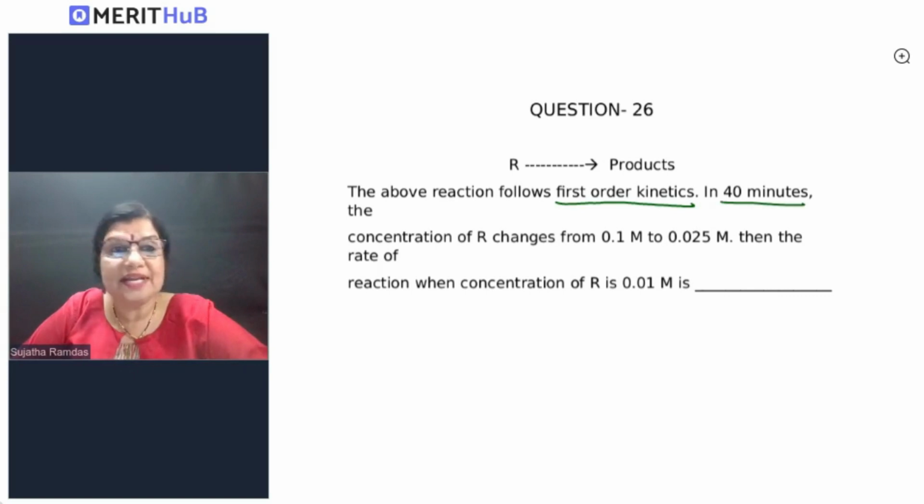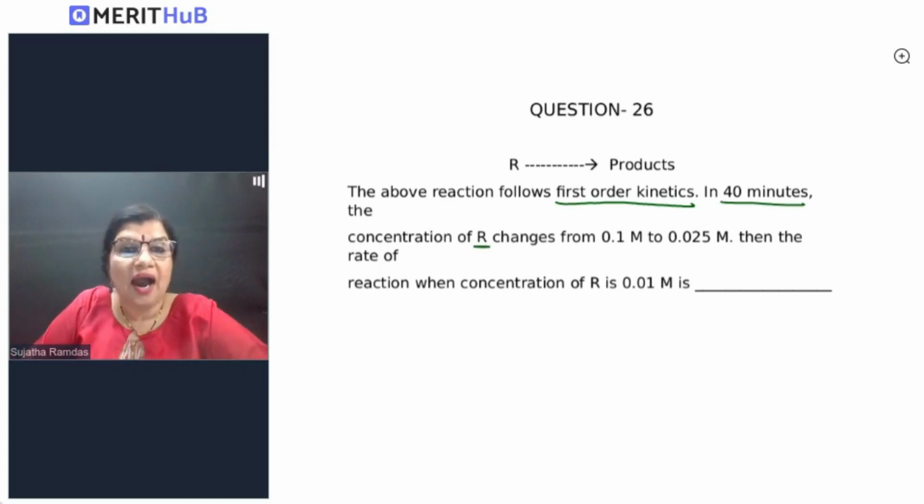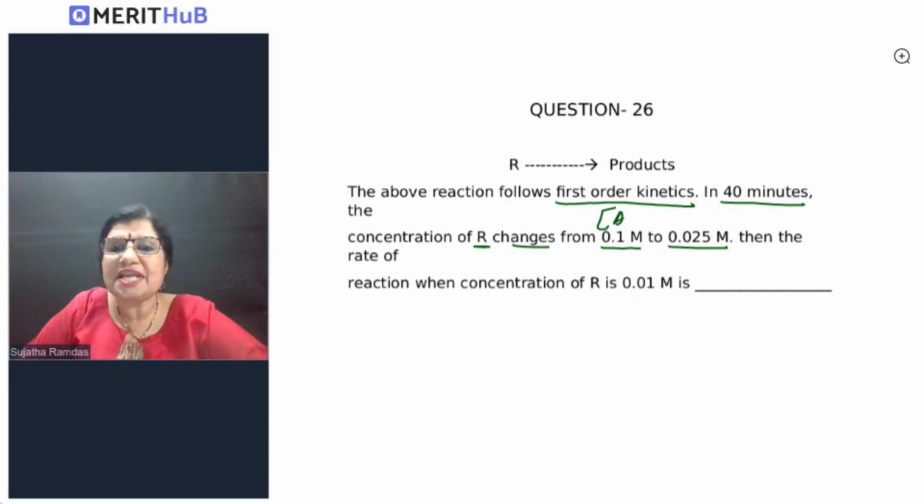In 40 minutes, the concentration of R changes from 0.1 molar to 0.025 molar. So this is the initial concentration of R, R0. And this is the concentration of R at a specific time. At what time? At 40 minutes. So let's call this R0.